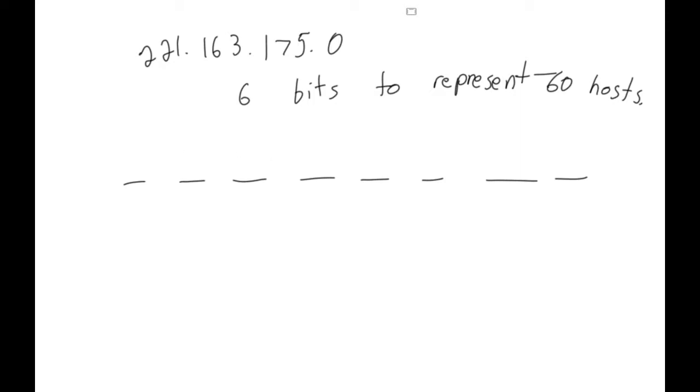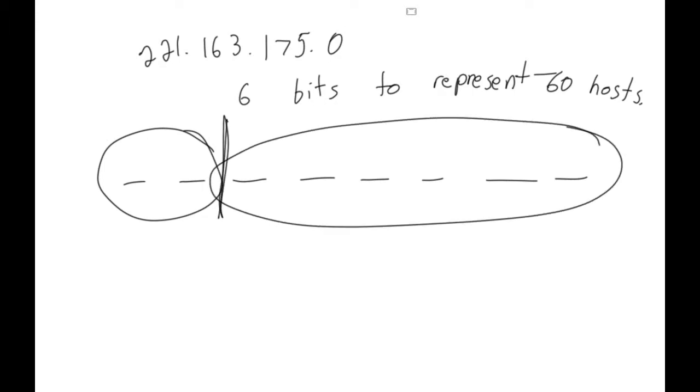So like I said, the subnet ID should come first. So right here, this should be your particular subnet that you're using. And then this would be all of the unique identifiers. So the line would actually be right there. Sorry about that. So that means that if I have 6 bits to represent 60 hosts, how many bits do I have to create subnets with?